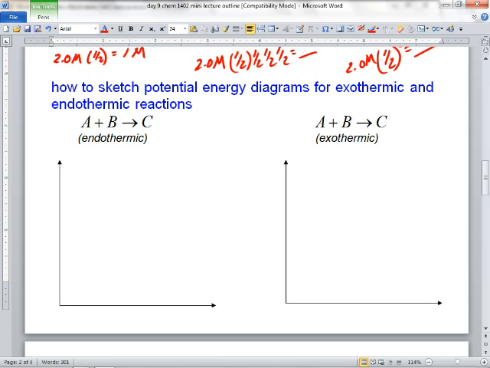How to sketch potential energy diagrams. Now, when they can, and when they have enough money, they do this. Except it's going to look a lot more complicated. It's these 3-dimensional surfaces with valleys and hills, and it's all with potential energy and how the reaction progresses. Does nature want to be at a low energy or a high energy?